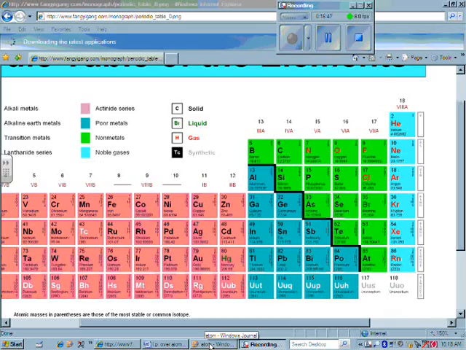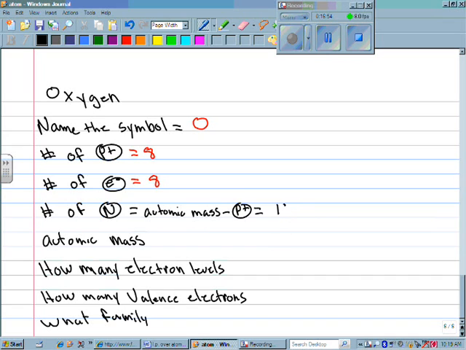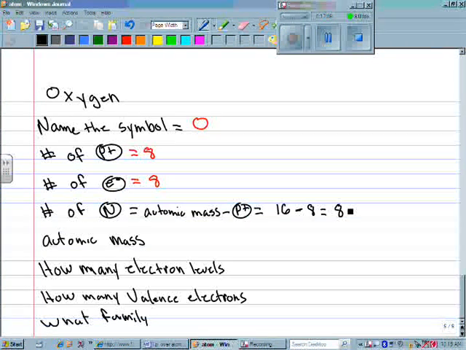So the atomic mass, 15.99, we round up to 16, minus the number of protons, which is right here, 8. So the number of neutrons is 16 minus 8 protons, 8. Okay. Equals 8. We already know the atomic mass. Okay.